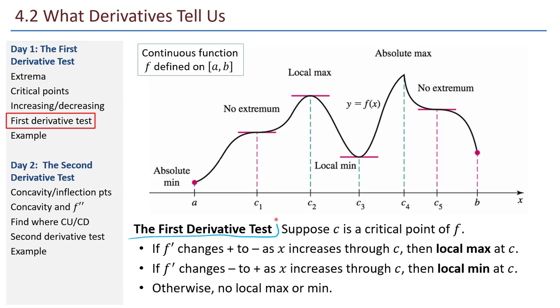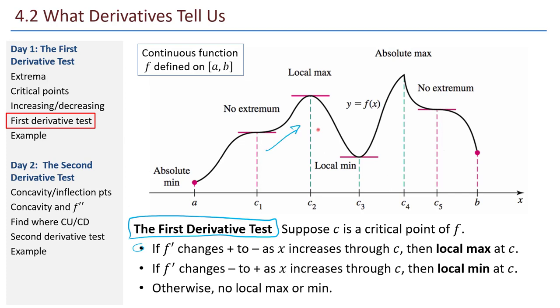Here is the first derivative test. Here's how we use the first derivative to help us find the location of local maxes and local mins. Suppose that c is a critical point of my function f. If f prime changes from positive to negative as x increases through c, then we have a local max at c.